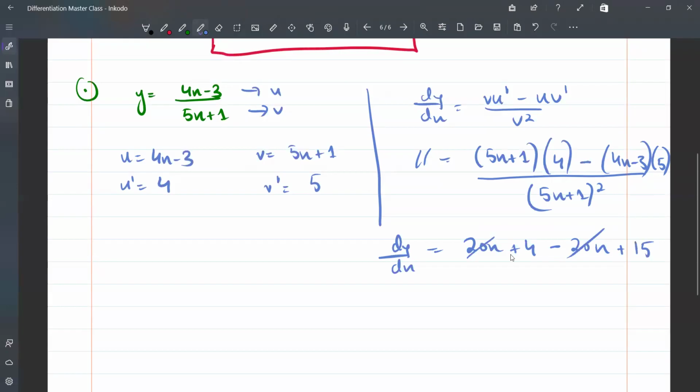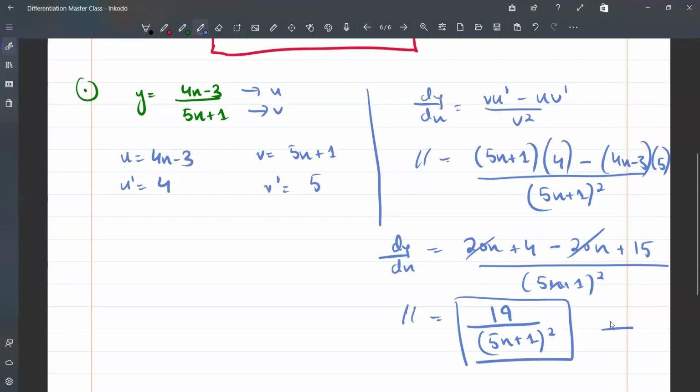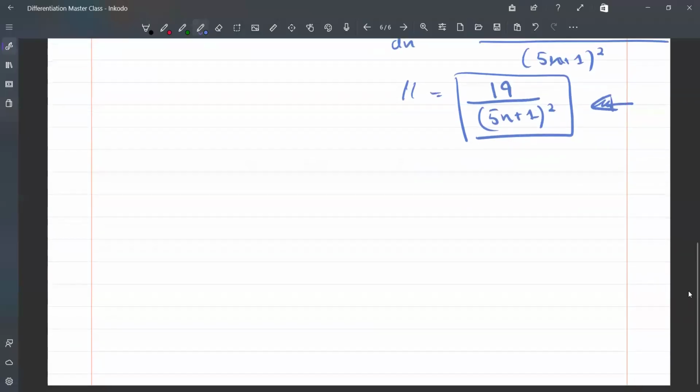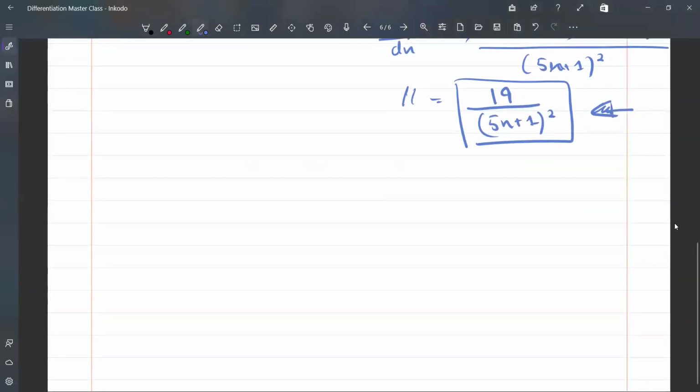This and this cancel out, and we are left with (5x plus 1) square in the denominator, and 4 plus 15 gives us 19 upon (5x plus 1) square. This is the answer.